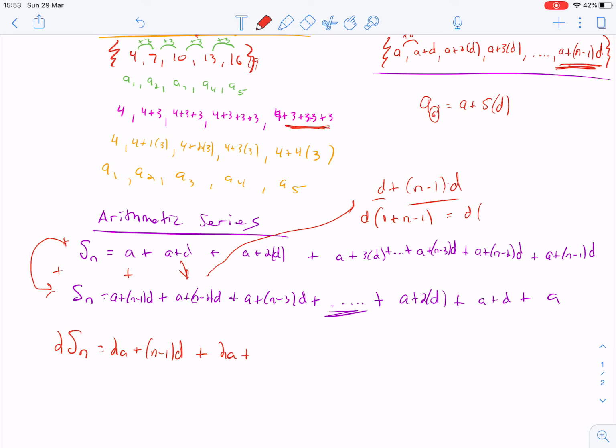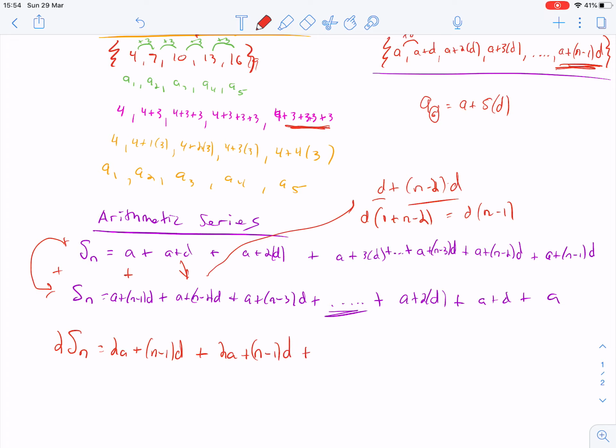Oops, I forgot my 2a. Sorry, this is supposed to be 2. So that would be 2 as well. Sorry. And then when we get d times n plus 1 minus 2, it's still going to be n minus 1. So we get n minus 1 d.